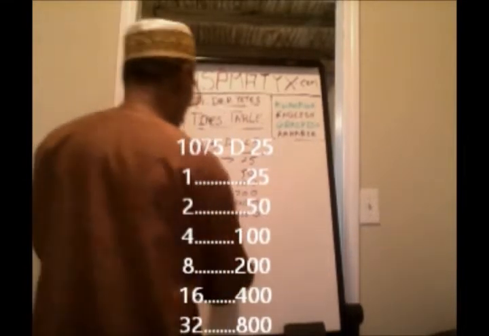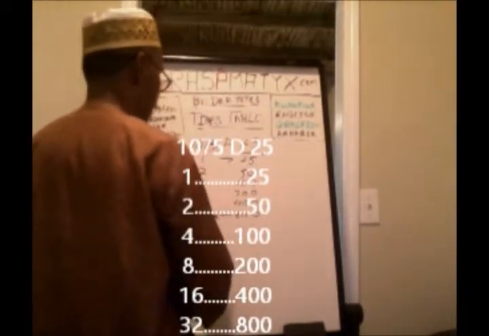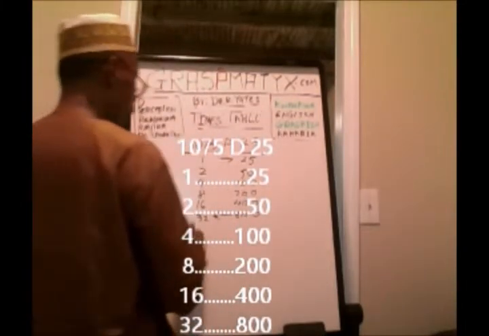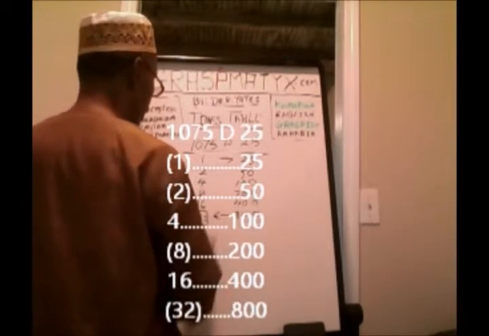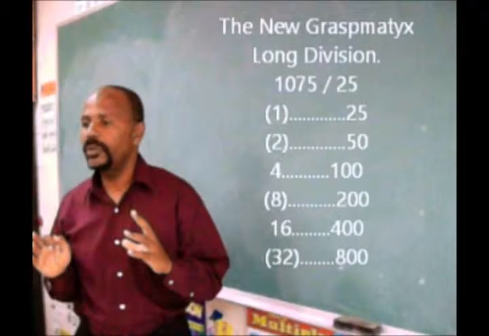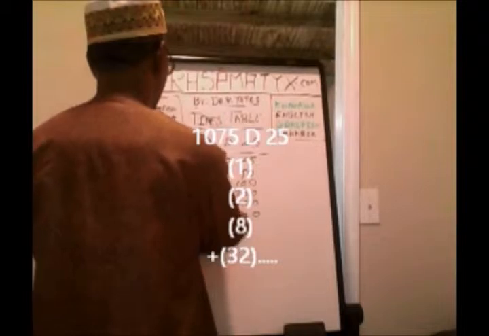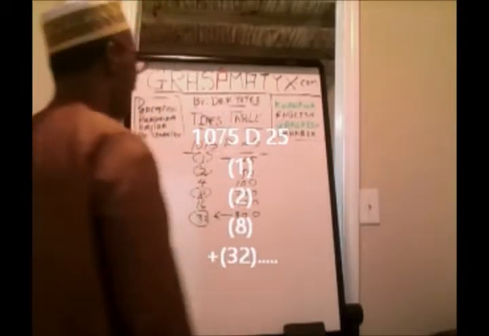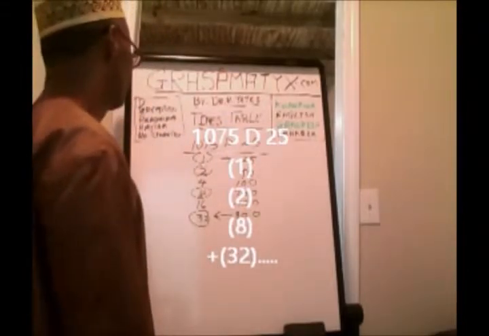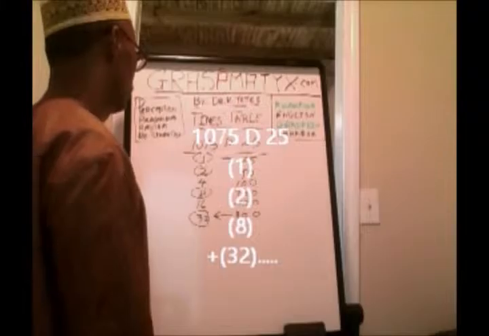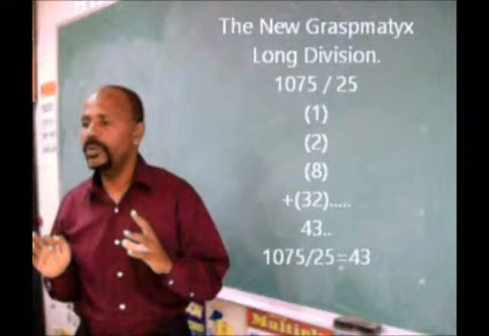So what happened is that we go in the opposite direction because you're dividing. So I'm going to add now this, right? And I have to add this. That's what I'll be adding to get my answer.